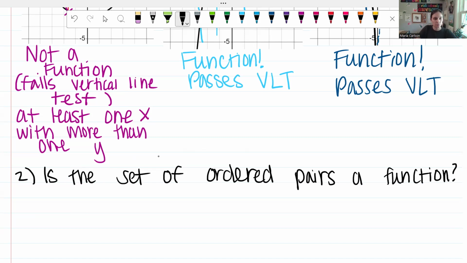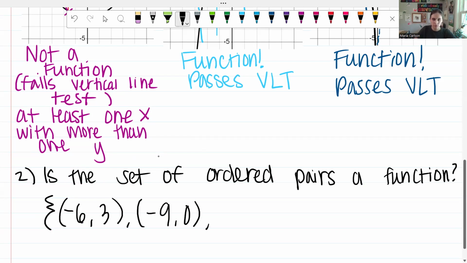In our set of ordered pairs, we represent a set with these curly braces, and it is the points (-6, 3), (-9, 0), (0, 3), and (-9, 4).